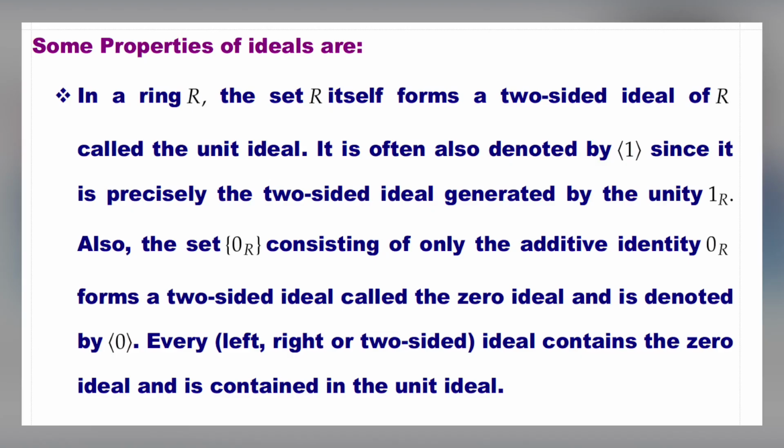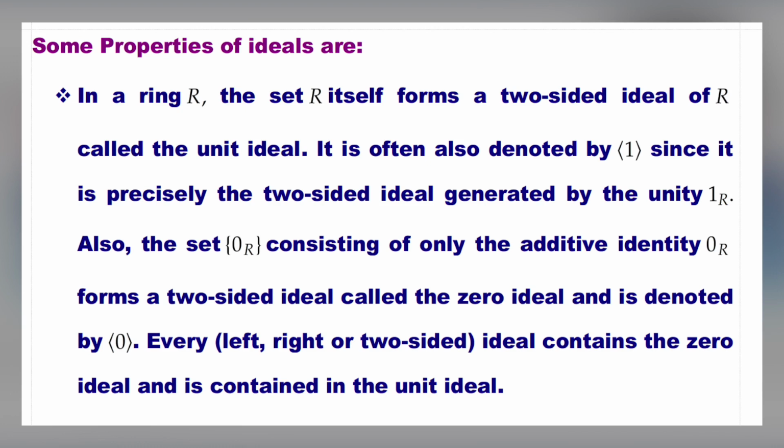In a ring R, the set R itself forms a two-sided ideal of R called the unit ideal. It is often also denoted by the ideal generated by 1, since it is precisely the two-sided ideal generated by the identity 1_R.